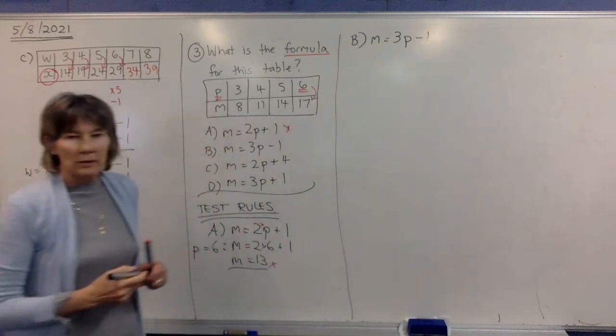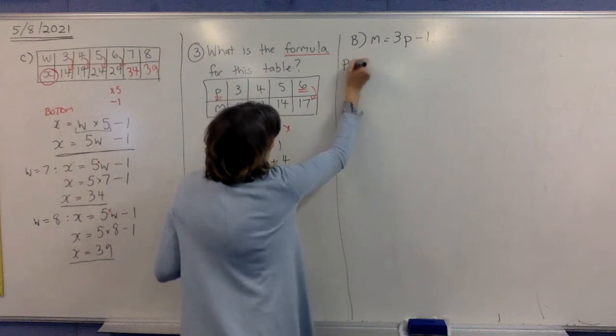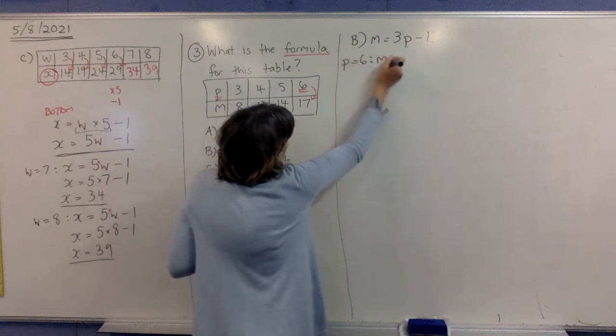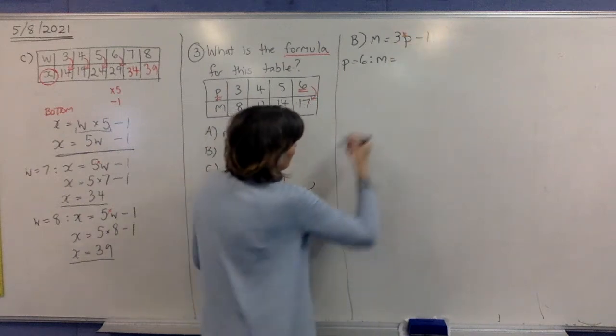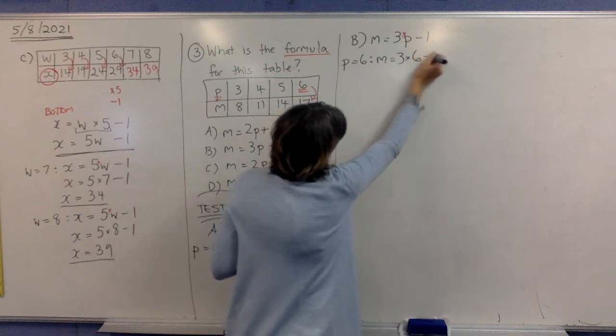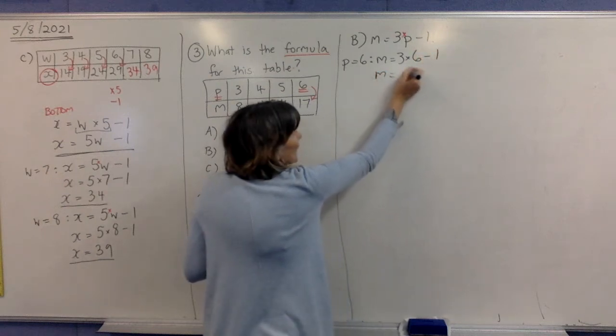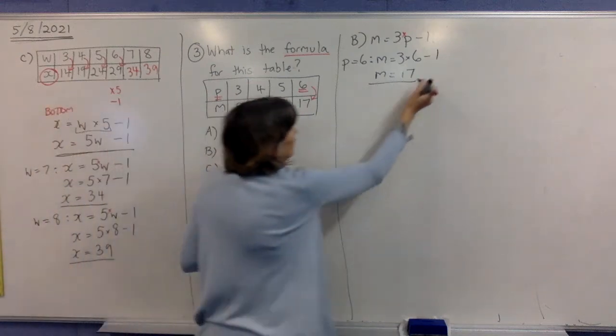Okay, we're going to test whether that rule's right. So we're going to still test with P equals 6. Don't forget to put your times between your number and your letter. Now, P is 6 this time. Now, if you work that out on your calculator, you'll get M equals 17, and that's what's supposed to happen.